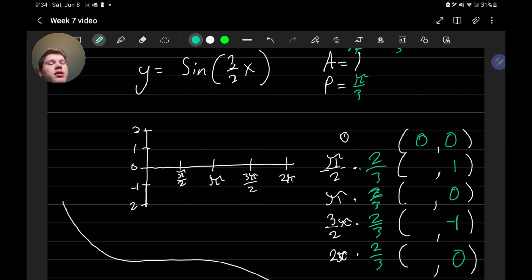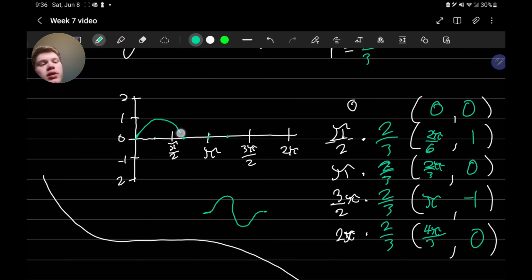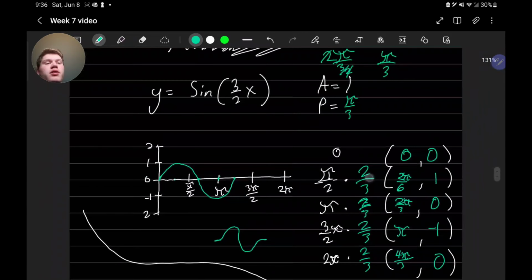And then we've got our x values over here. So we're going to multiply this real quick. And then we're going to come back down and intersect our second point. And then we're going to go to the amplitude on that third point, and then we're finally going to come back and intersect that fourth point. And that's going to be our graph for sine of 3 over 2 x.